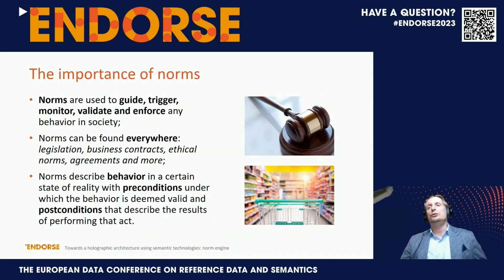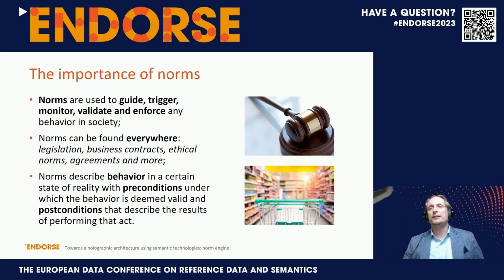And then to do so, we need norms. What are norms? That is actually a specific term from a field in the scientific area where laws and other forms of norms are studied. Examples are the budget laws, the GDPR, but also business contracts.